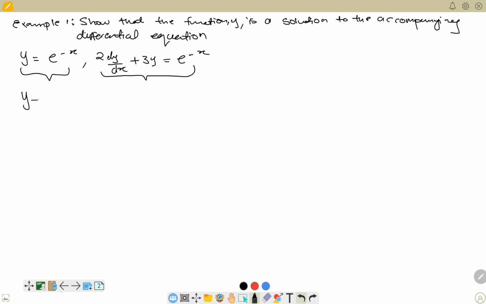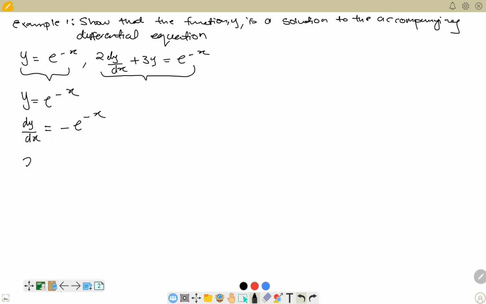So if our function is y equals e to the power negative x, when we differentiate this, we will say dy/dx is equal to negative e to the power negative x. So when we want to find that this is a solution to that differential equation, we need to go and substitute into our differential equation.